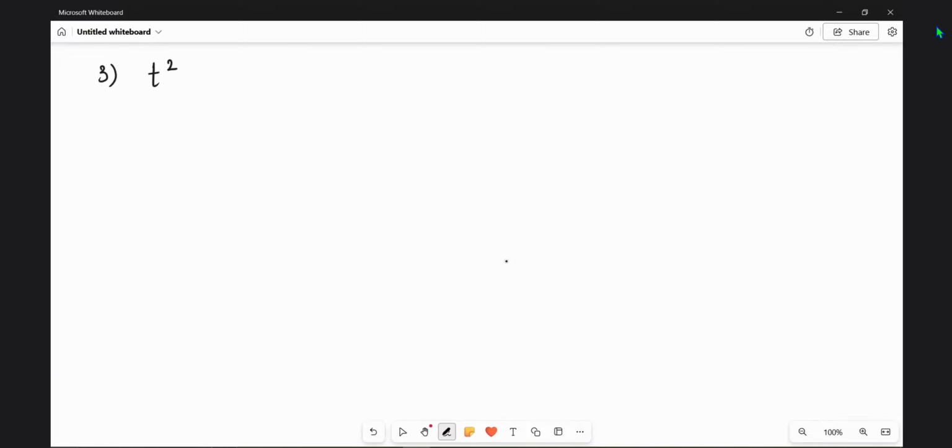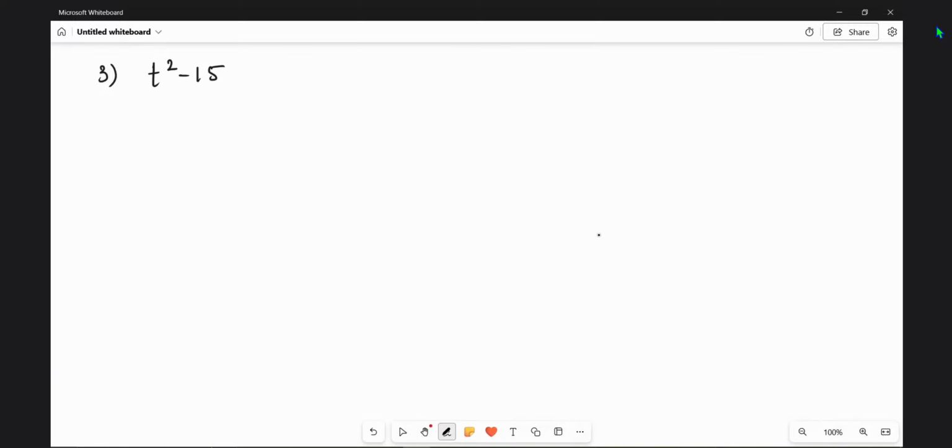Next, t square minus 15. Try this now. In this, which format is there?